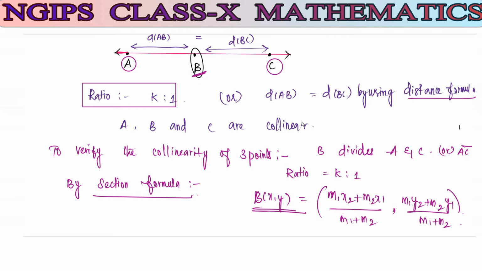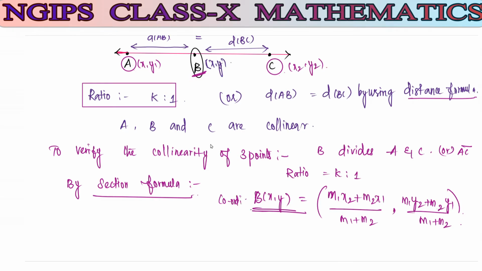Here I can take this point as x1 y1 and the other as x2 y2. Taking A and C as x1 y1 and x2 y2, we know the ratio is k is to 1.